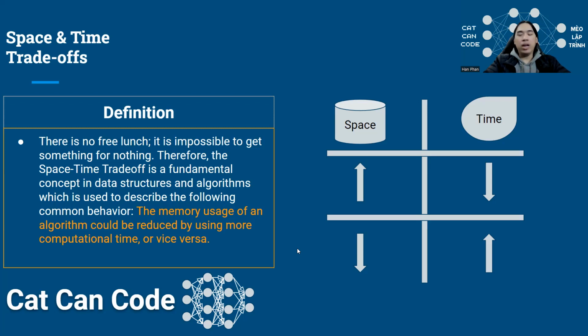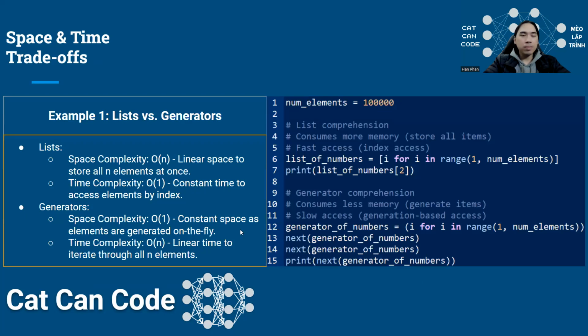Let's jump right into the examples. So the first example is the comparison between list and generator. These are 2 ways in Python to store or to interact with a series of numbers.